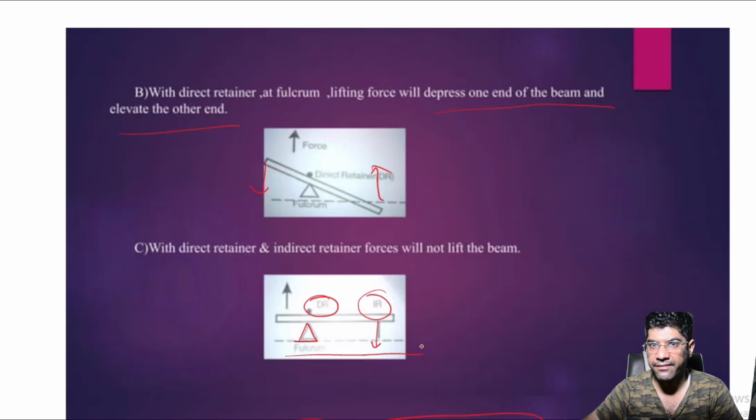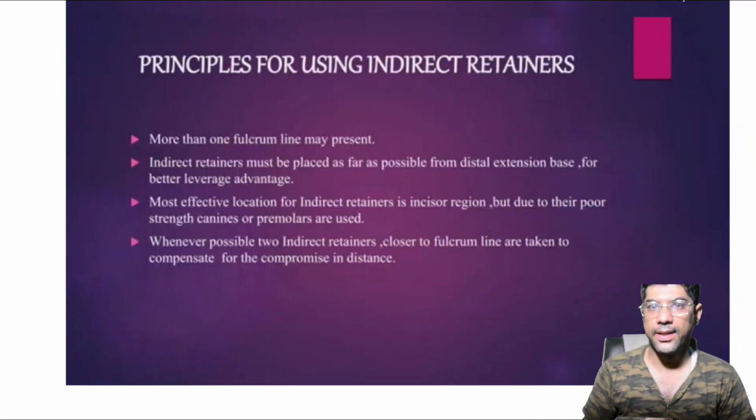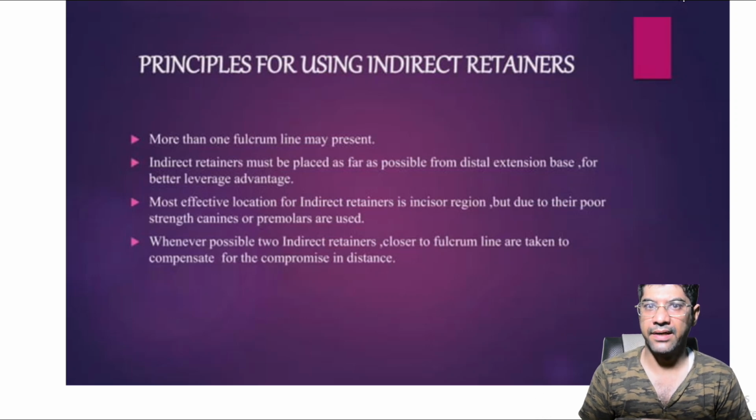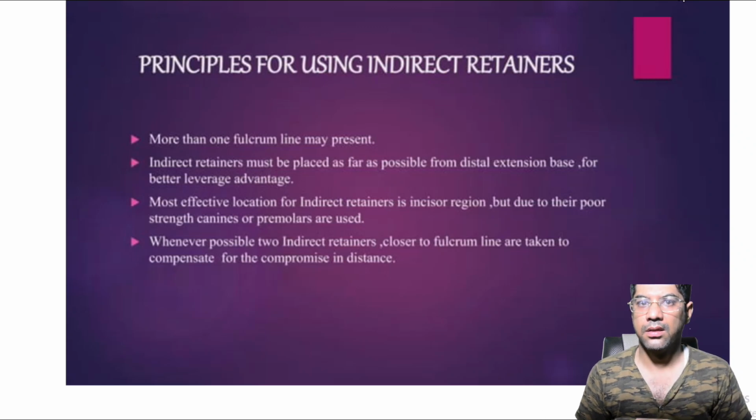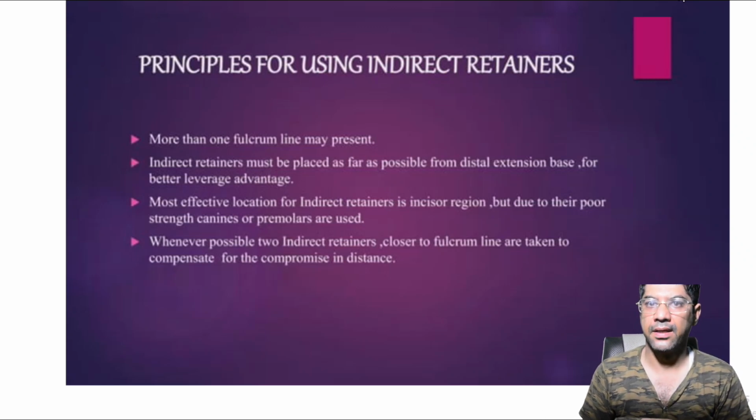Now, what are the factors that affect the effectiveness of the indirect retainer? Several factors influence the effectiveness of the indirect retainer. If the direct retainer is not functioning properly, the indirect retainer will be ineffective.